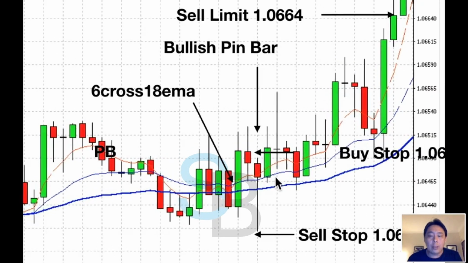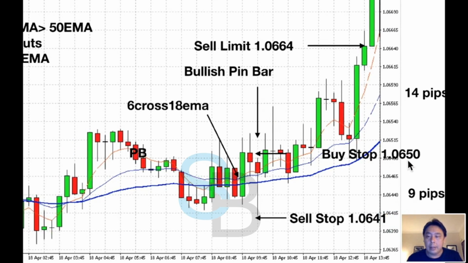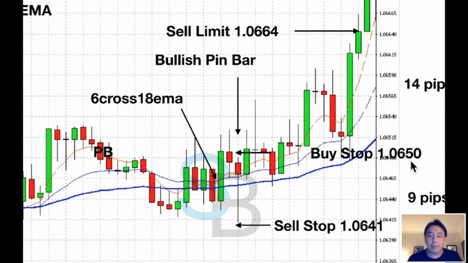So once this candle is complete, I will buy the moment the next candle goes above the high of this candle. So the moment it closes, I place a buy stop order just above the high. In this case, it's 0.650. And then I'll place a stop loss below the low, 0.641.